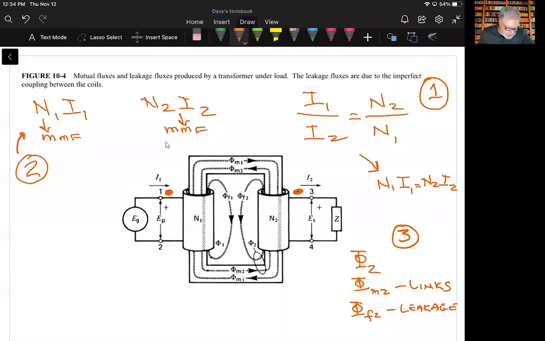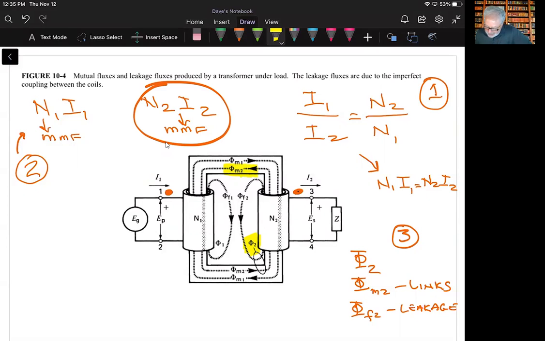The third thing we want to explore is that the magnetomotive force N2 times I2 produces a total AC flux, and we can find that right here. Let me just highlight that, okay? Right there is the total flux that is created from the secondary side, and a portion of that links the primary side.